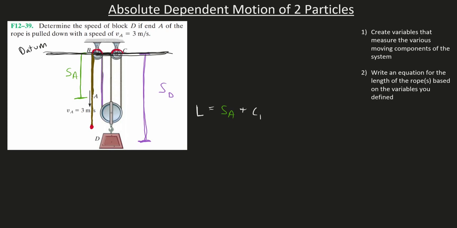The way I can write these is SD, my variable here, minus this constant red length right here. So SD minus that red constant, which I'll just call constant 2. Note that really just gets me one of these right here, but there are three of them. So I've got to times this by 3.